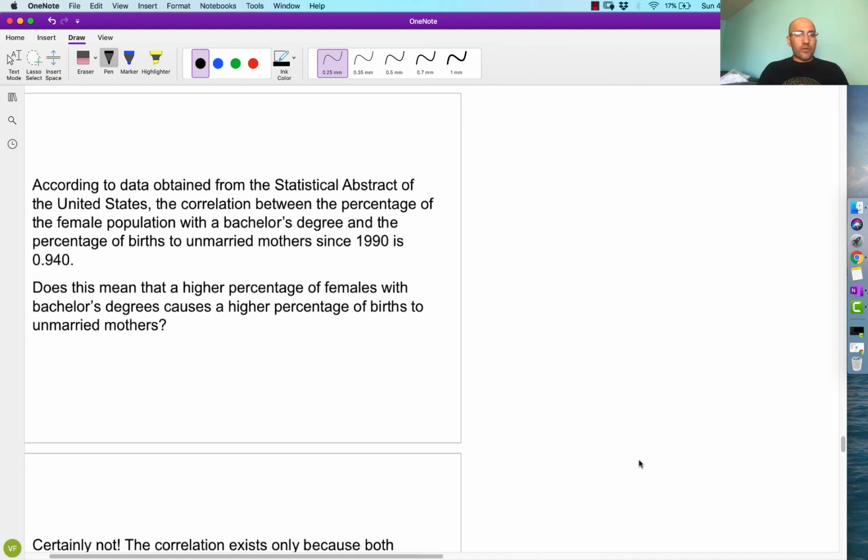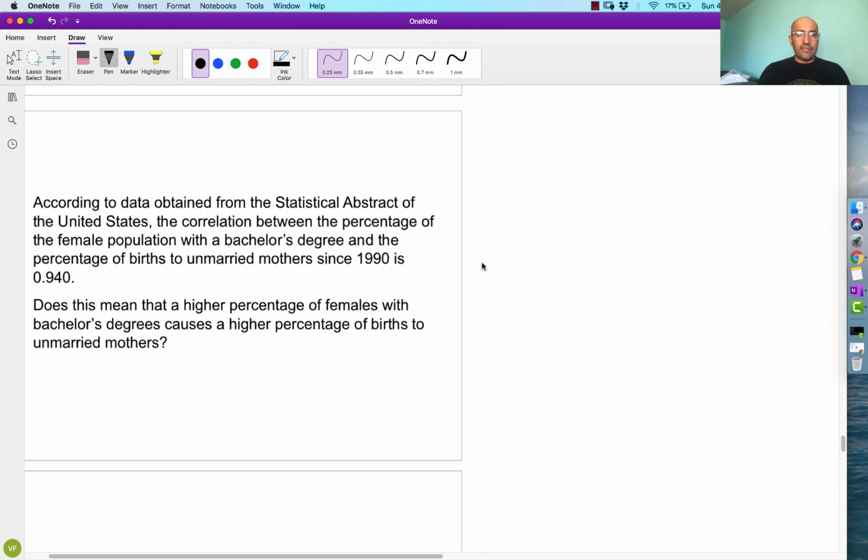Okay, so this is describing that if we do a scattergram, correlation between female population with a percentage with a bachelor's degree. So we put bachelor's degrees over here. In this direction, percentage is percent of population.